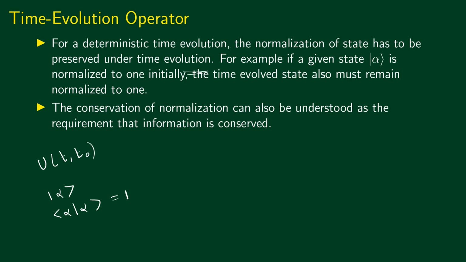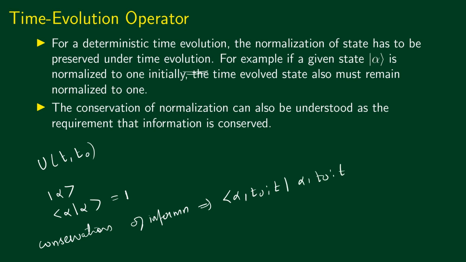Now our claim is this: conservation of information implies that ⟨α, t0; t|α, t0; t⟩ is also equal to 1.